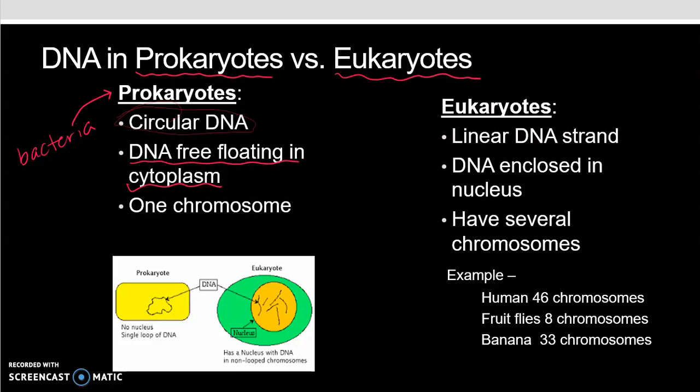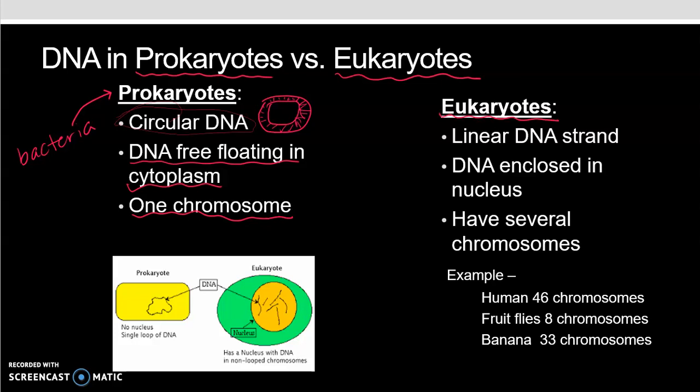And so circular DNA is still double-stranded, still made of nucleotides, but it's just a different structure than in a eukaryote, also referred to as plasmids. And they only have one chromosome, and again, they can also have plasmids in there.